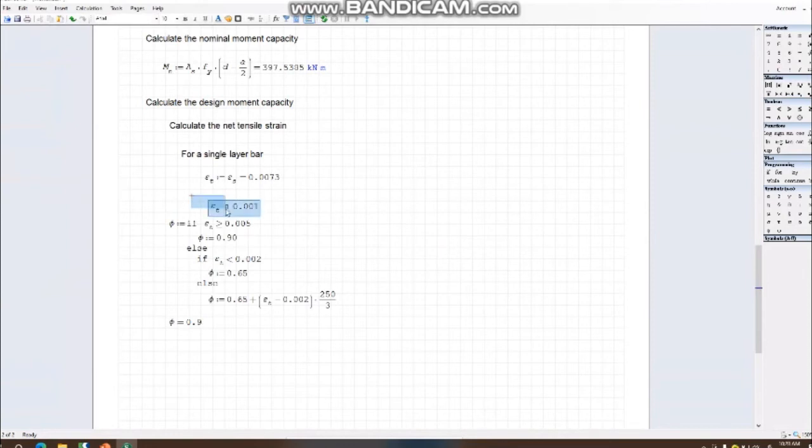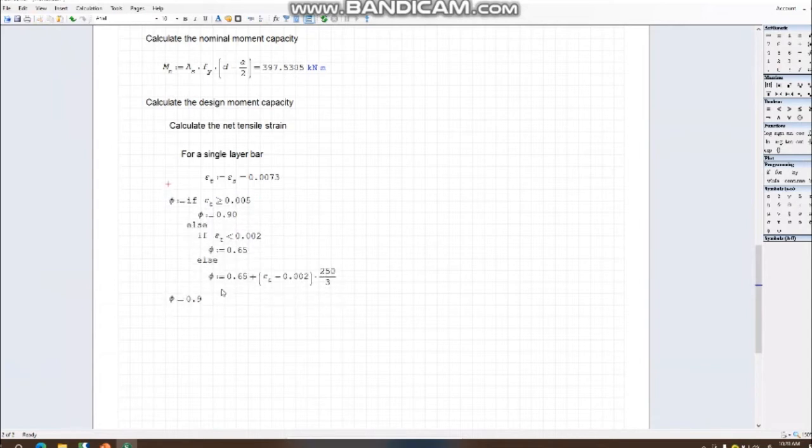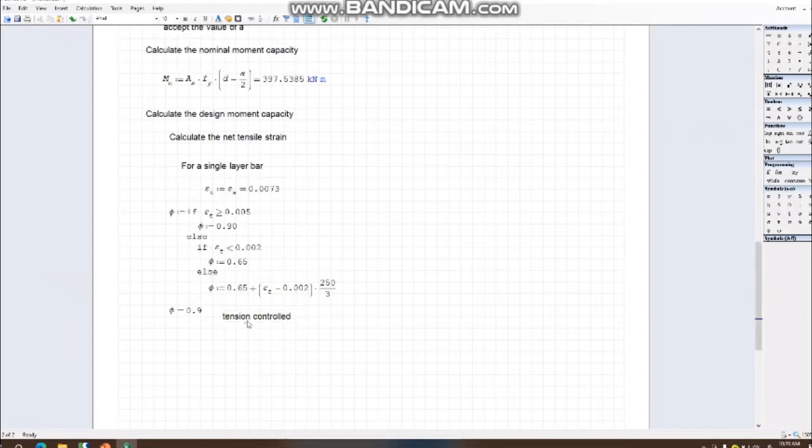So, mas better kung ato na may program daan para whatever changes. No? Okay, so we have now the reduction factor, tension controlled man eh. Okay, so since tension controlled siya, then we can now calculate our design moment strength.